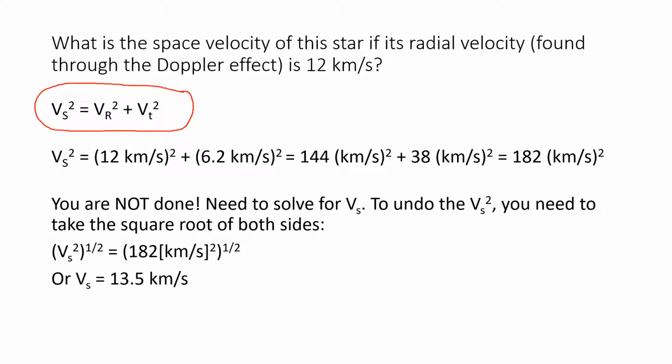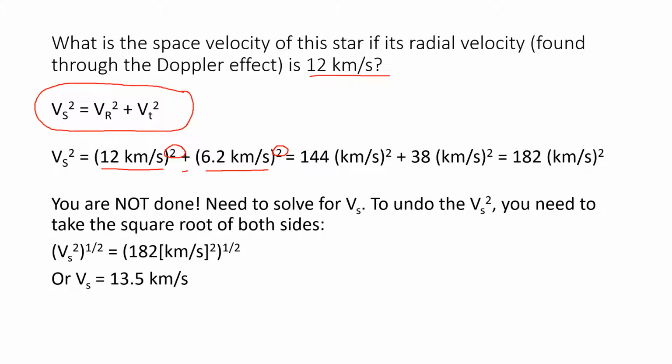All of these are in kilometers per second. So Vr is given to us in the problem, 12 kilometers per second, and we're going to have to square that. And then Vt, we just calculated, is 6.2 kilometers per second, and we're going to have to square that and then add the two of them together. So we end up with 144 plus 38 equals 182.